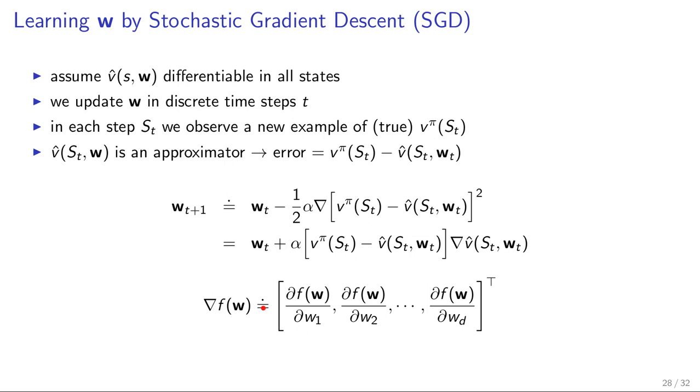Then I take advantage of the structure that I imposed, which is that there are these independent terms. I have partial derivatives of the function with respect to the individual weights. It's a weight vector, and I can update each of them separately. This is the effect they have on the error, which is the estimate versus the current sample.